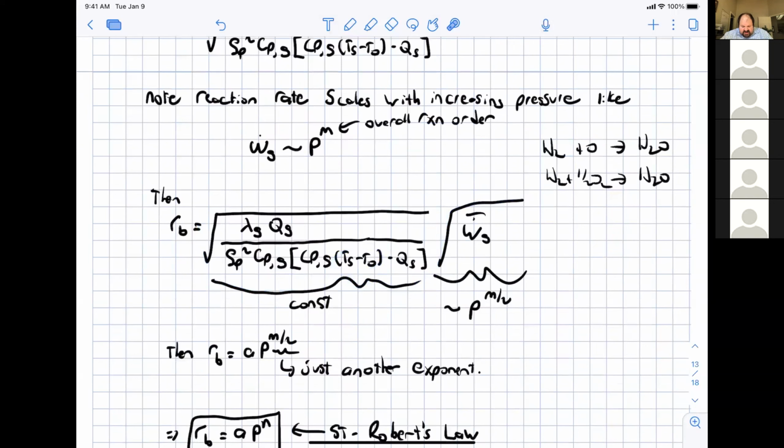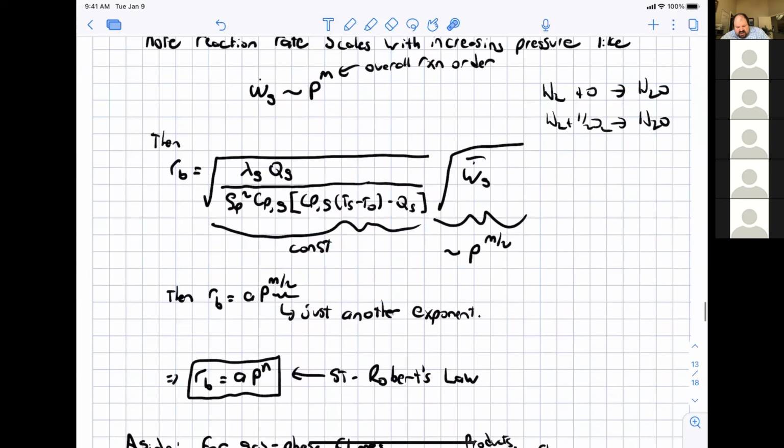But anyways, we will treat it as a constant. You'd have to do a much more detailed analysis to get an estimate of the surface temperature. But now we can use our argument that the gas phase reaction rate scales with pressure raised to the overall reaction order, and if you take the square root, it just becomes 1/2.